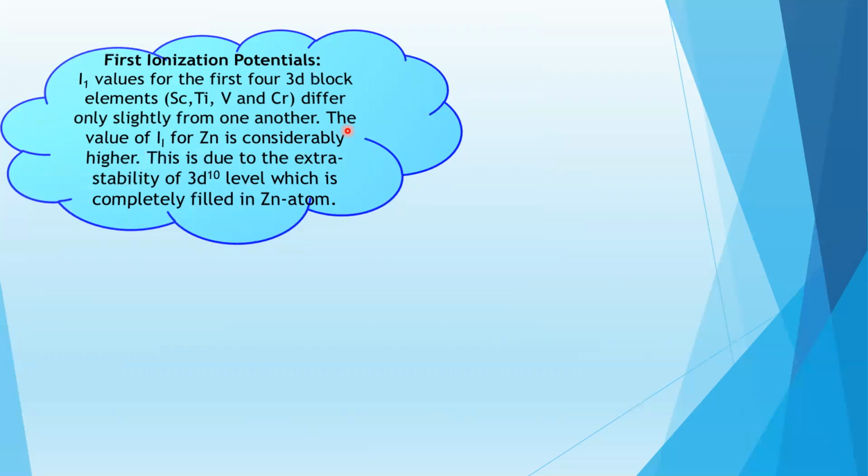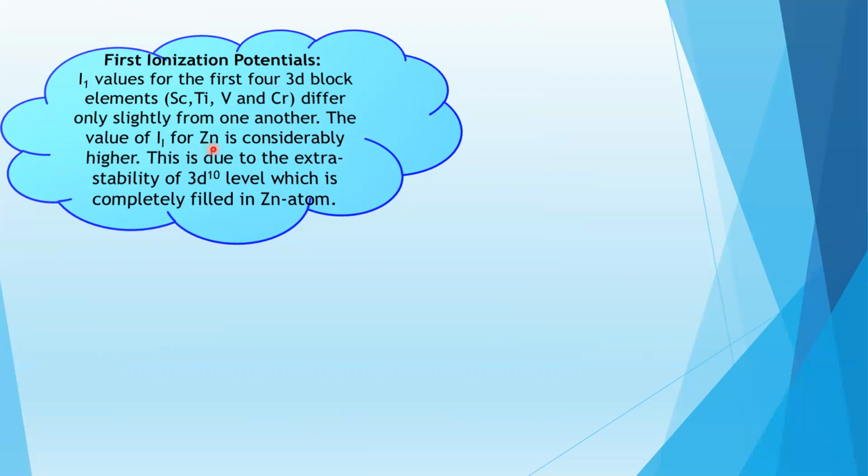So, what can we say about the first ionization potential? That is I1, the ionization potential 1 values for the first four 3d block elements differ only slightly from one another. The value of I1 for zinc is considerably higher.